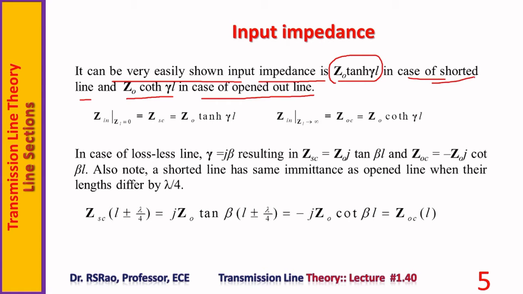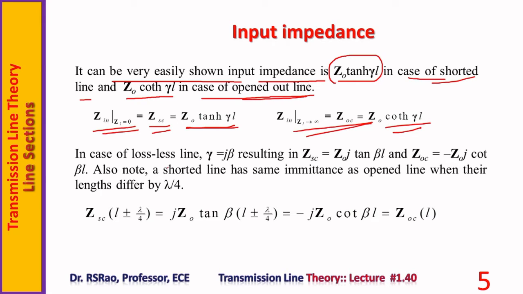In case of a shorted line, ZL is 0. In case of an opened out line, ZL tends to infinity. Now, in case of a shorted line, Zin is usually indicated ZSC, and it is Z0 tanh gamma L. This is the general expression, applicable for a lossy line. In case of an opened out line, ZOC, which is Zin when ZL tends to infinity, is Z0 coth gamma L.